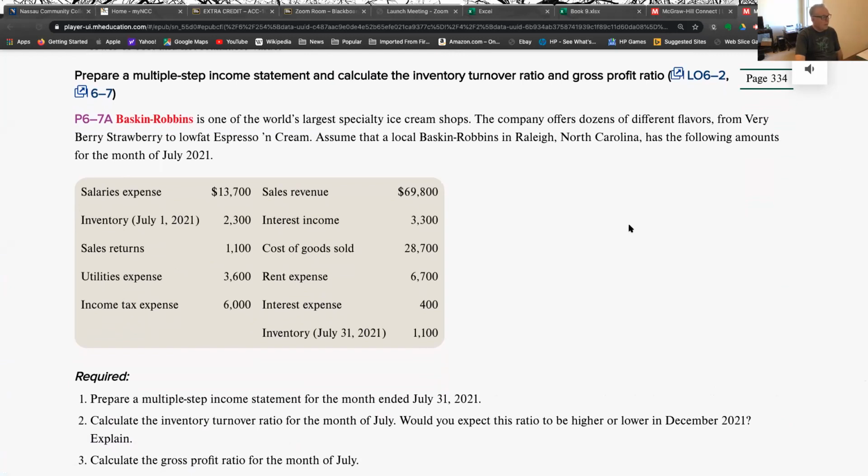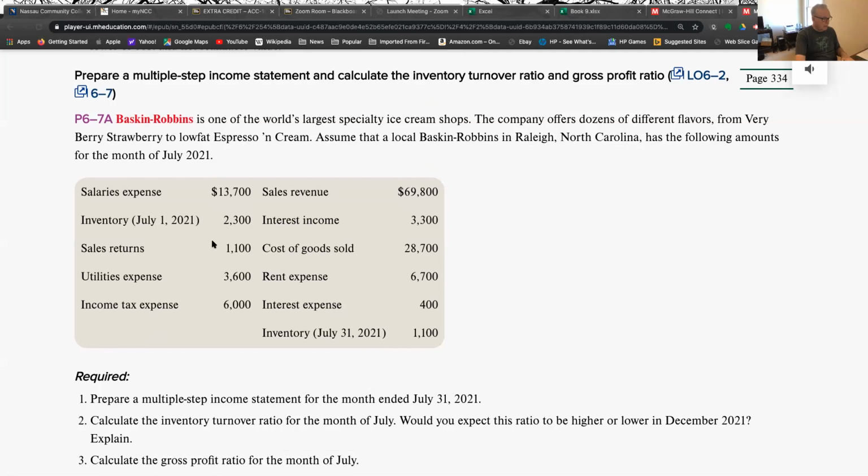Okay. So Baskin-Robbins, you've all heard of, is one of the world's largest specialty ice cream shops. The company offers dozens of different flavors. Assume that a local Baskin-Robbins, not the parent company, but just a little Baskin-Robbins shop located in Raleigh, North Carolina, has the following amounts for the month of July 2021.